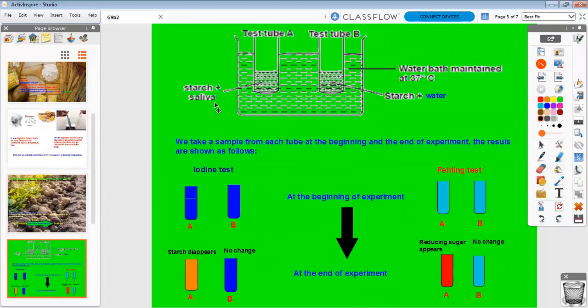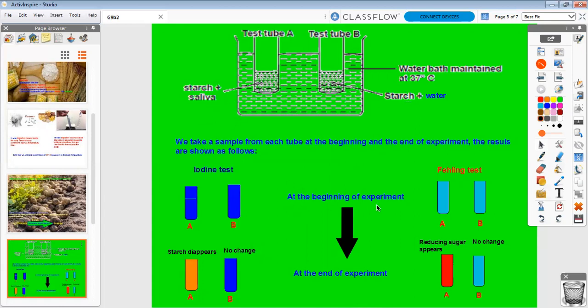In tube A there is starch and saliva. In tube B there is starch and water. And we maintain the temperature at 37 degrees for 20 minutes in order to ensure the digestion of starch in vitro.